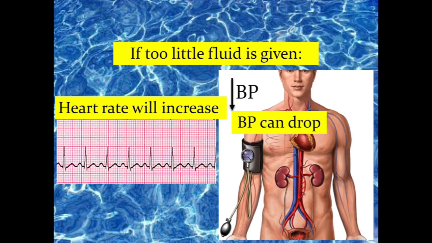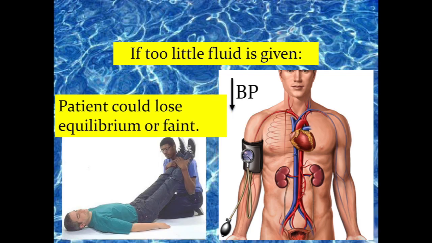So we are going to want to open up the fluids in these patients. We have got to keep their blood pressure at a homeostatic level, in other words, a level where they normally live, which is considered to be a normal blood pressure for them. If too little fluid is given, again, the patient could lose equilibrium or faint and vomit.